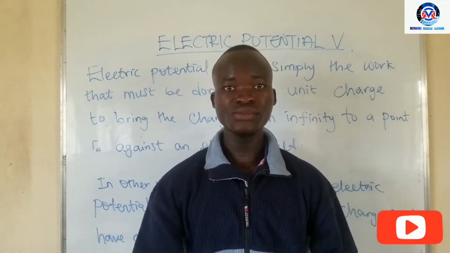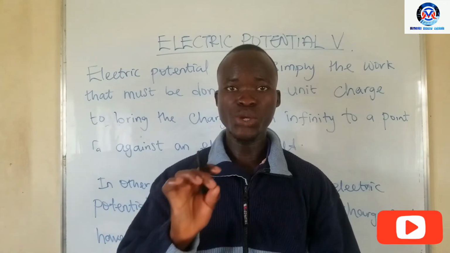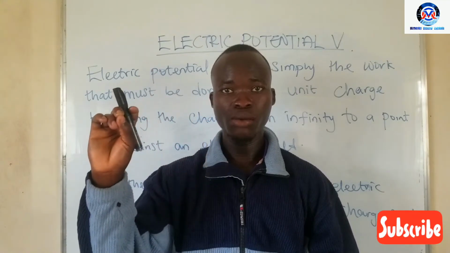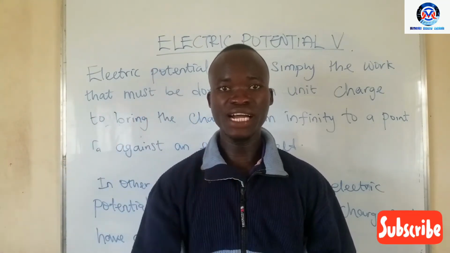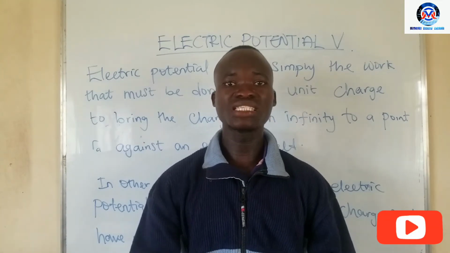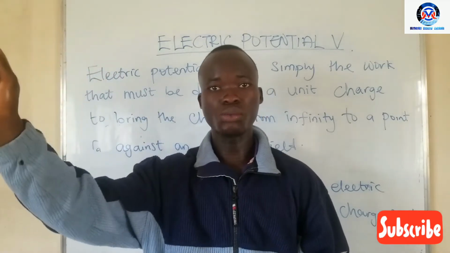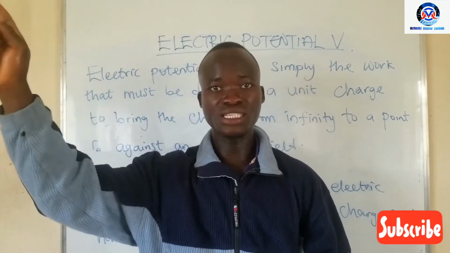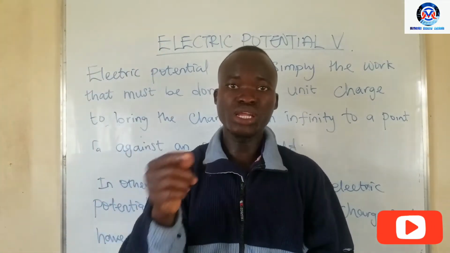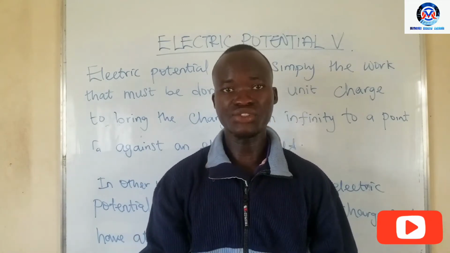So now, at different points in space, we have different electric potential. Like we define electric potential, we said it is the work that must be done on one coulomb of charge to bring the one coulomb of charge from infinity to a point against an electric field.